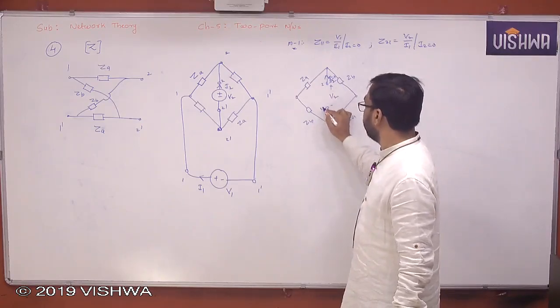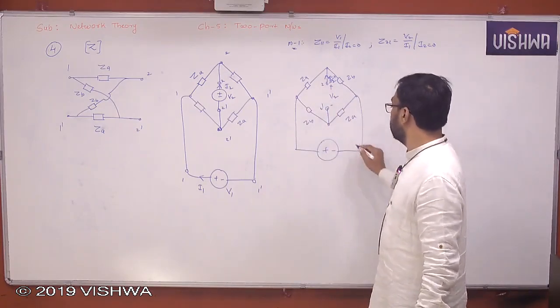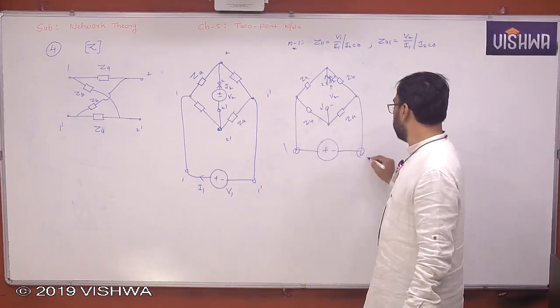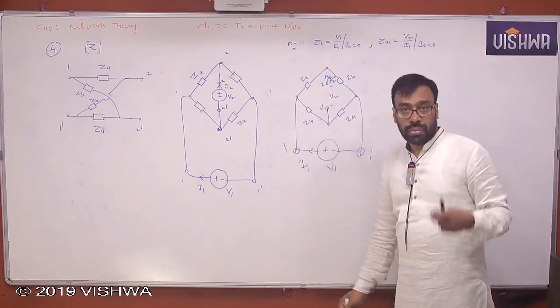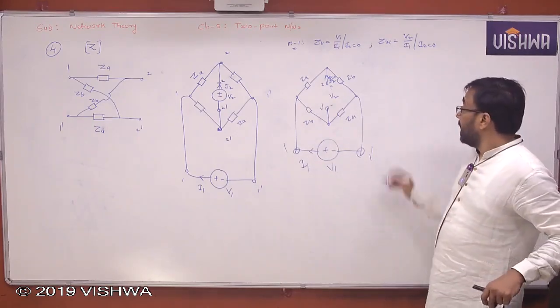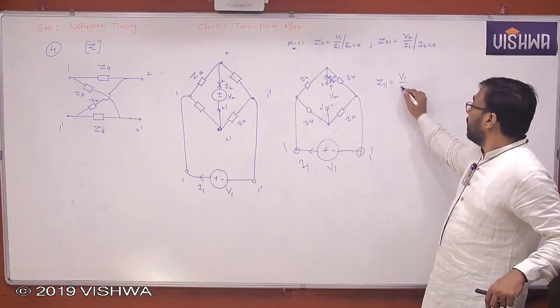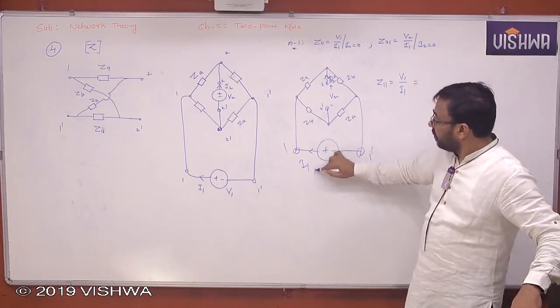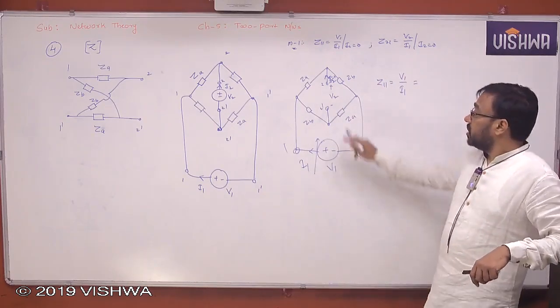This is 2 dash, but you have plus and minus. This is 1, this is 1 dash. This is V1, this is I1. Understand, all of you? What is Z11? You already know it is V1 by I1, of course, but Z11 is nothing but the input impedance looking into the network through the 1 dash terminals. It's already open.